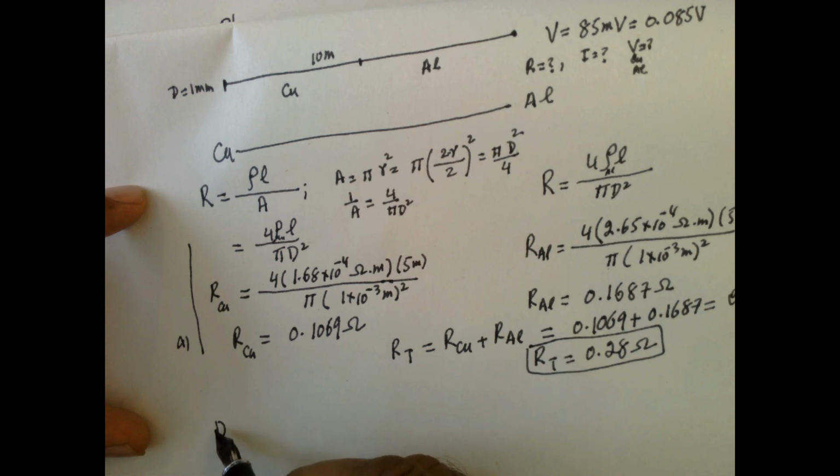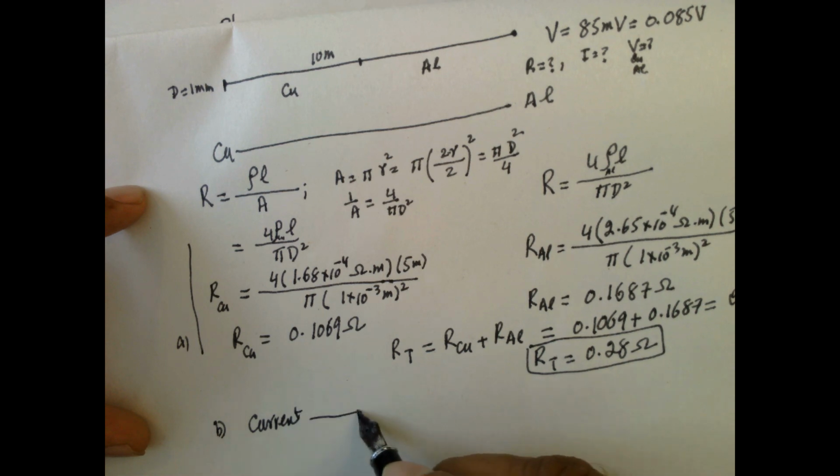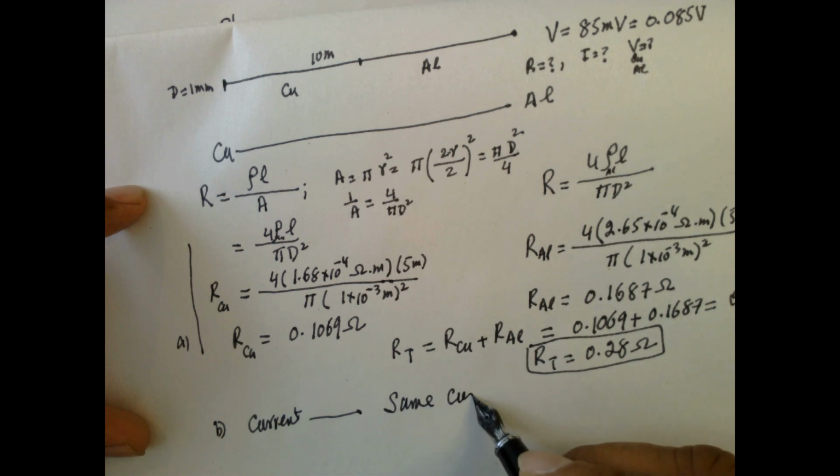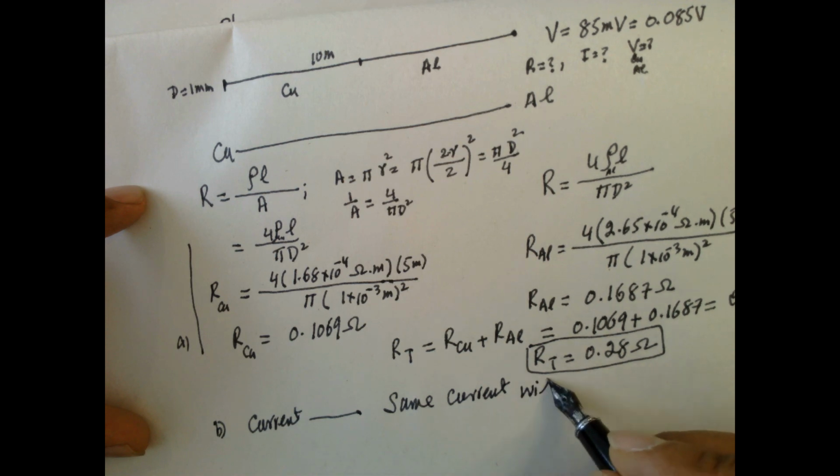Part B is the current. These are in series, so the same current will flow.